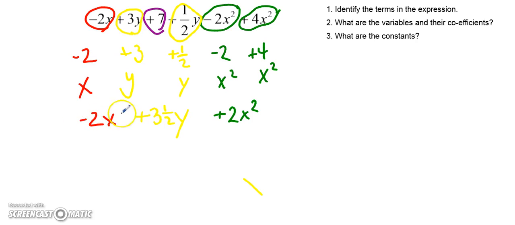Notice that I kept the sign what I got when I combined my coefficients. I kept the sign, and now I read this expression as follows. -2x plus 3.5 y plus 2x squared. I've simplified 6 terms to become 3. I only need to add in that +7 because I don't have any other constants to combine it with, so it stays all by itself.